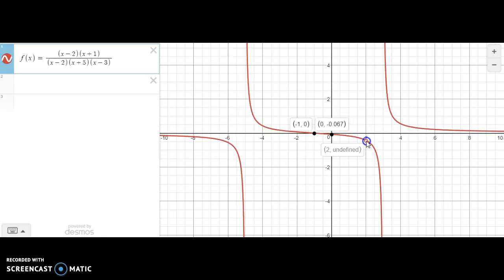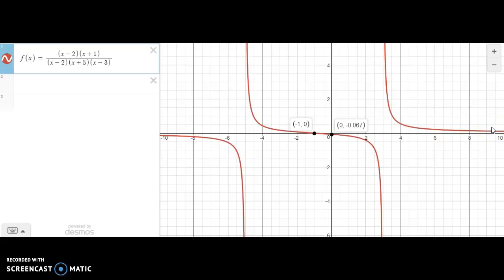So then you are going to find your domain, which is all of the x values of a function. So your domain starts at -infinity, and then it goes to -5, and it goes from -5 to 3, and then it goes from 3 to positive infinity.